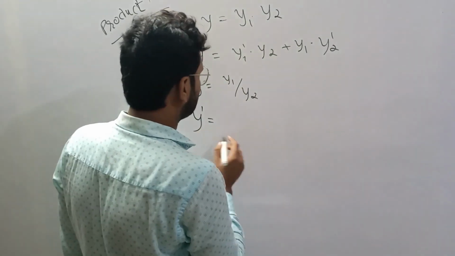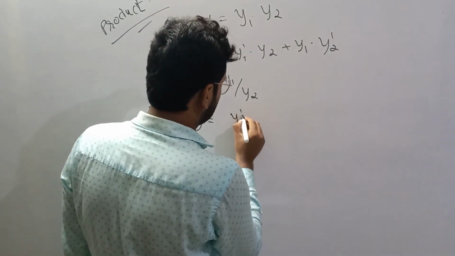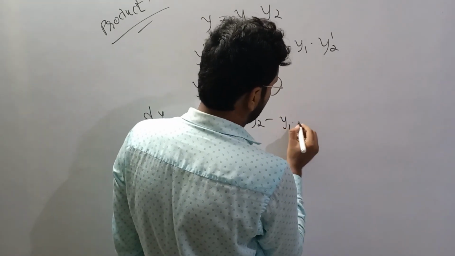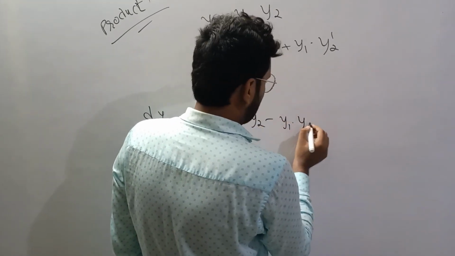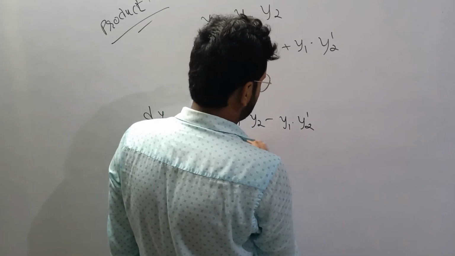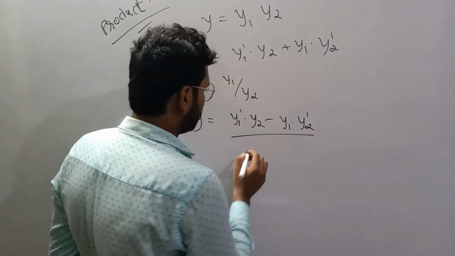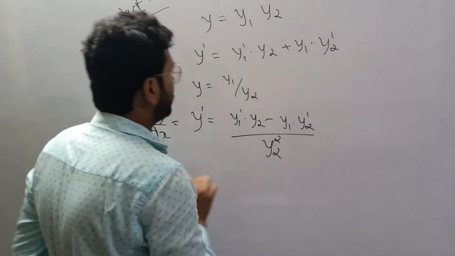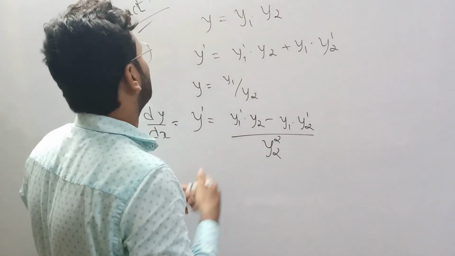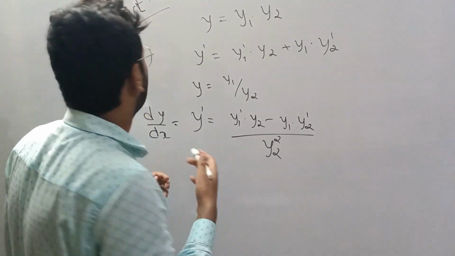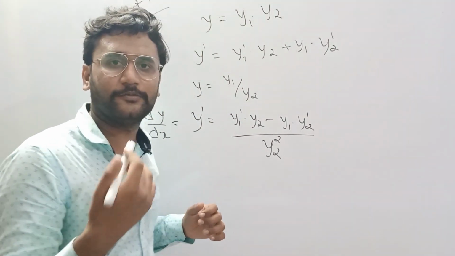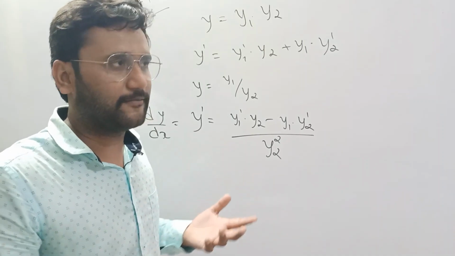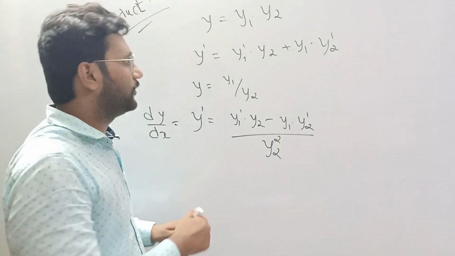So dy by dx is equal to y1 dash into y2 minus y1 into the differentiation of y2, that is y2 dash, upon y2 square. So guys, these are the basic formulas for product and division, which we will use in most of the sums, or you can say questions. So note it down.